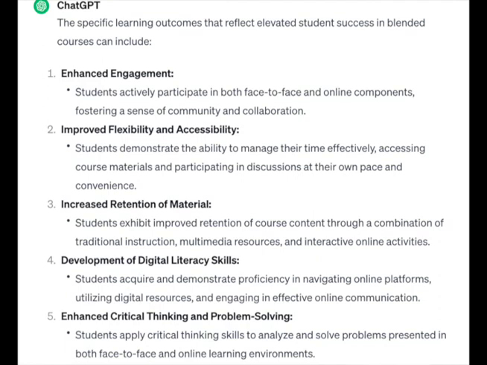Development of digital literacy skills. Students acquire, demonstrate proficiency in navigating online platforms. Yep, I think that's probably very true. Enhanced critical thinking and problem solving. Students apply critical thinking skills to analyze and solve problems presented in both face-to-face and online learning environments. I'm not sure how that's different from complete face-to-face learning or potentially complete online learning.